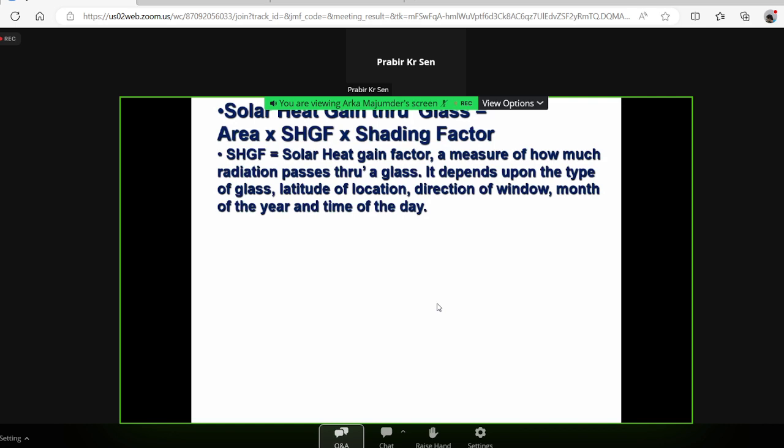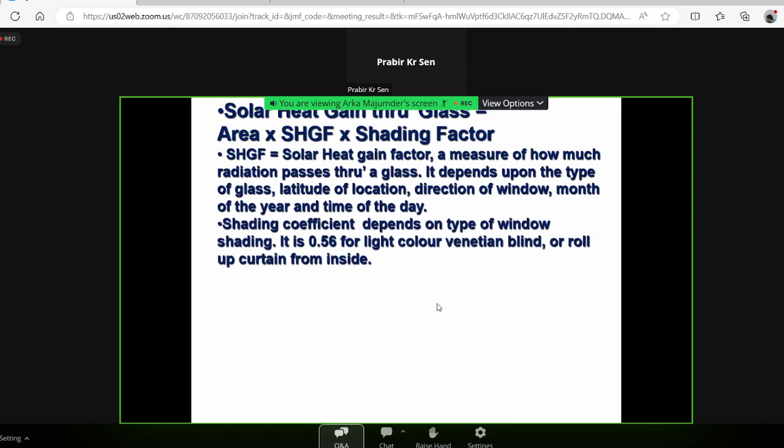And month of the year, we consider the hottest month of the year. In Calcutta, we consider June to be the hottest month of the year. Next. It depends on the type of curtain we are giving. It is 0.56 for light color Venetian blind or roll-up curtain from inside.